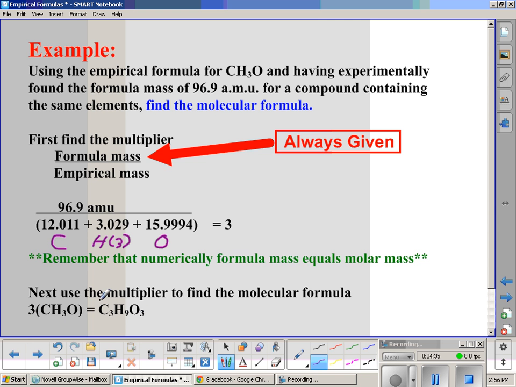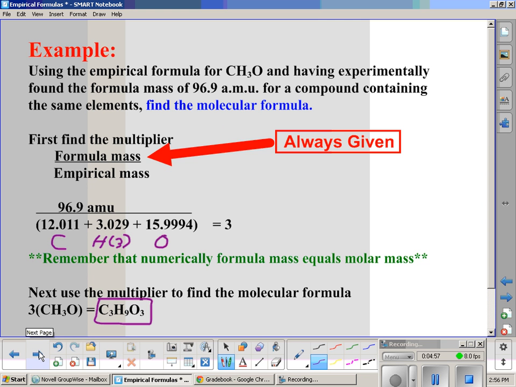And that gives us our molecular formula. Just to make sure I've mentioned this, remember that numerically, formula mass is equal to molar mass. The units are different: atomic mass units, or grams per mole, but numerically those are the same thing.